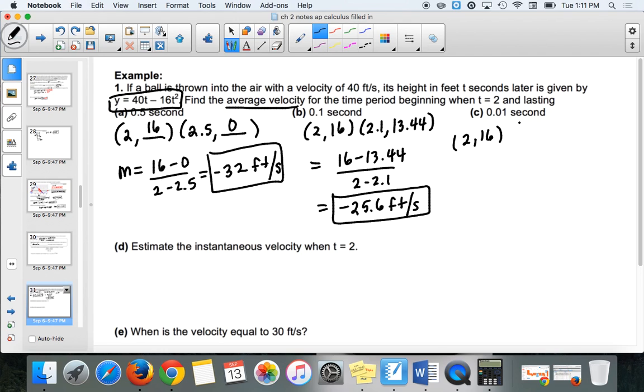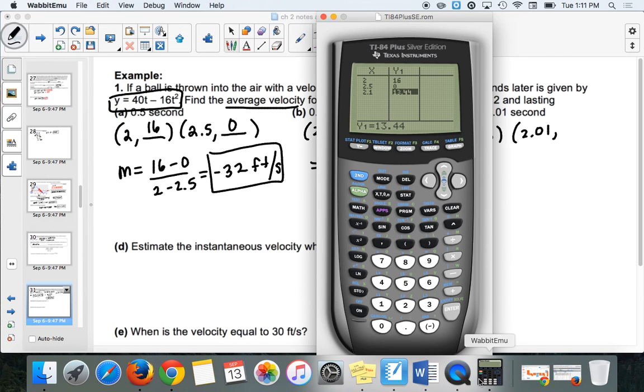So 2 comma 16 and 2.01 comma, you can find that as well, 2.01. So 15.758, but if you go over, you actually get more digits. So 15.7584.